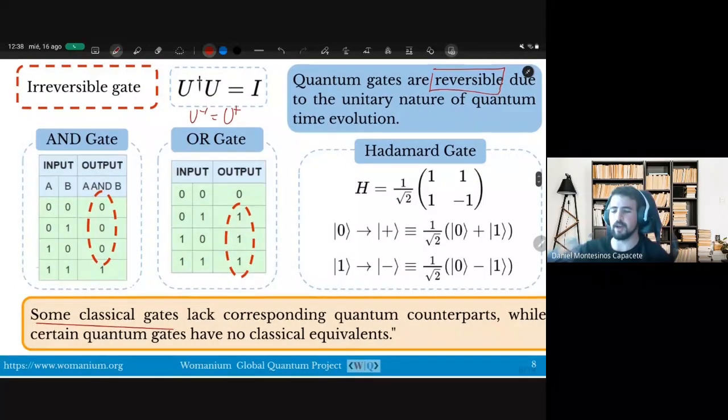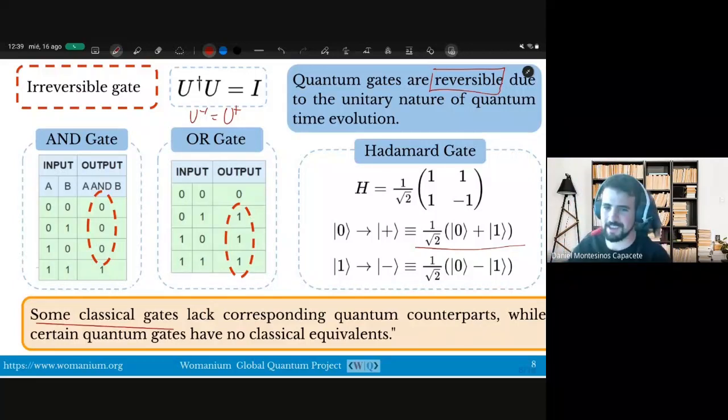But there are also some quantum gates that don't have a classical equivalent. For example, the Hadamard gate gives you, from a pure zero or one state, a quantum superposition of zero and one.